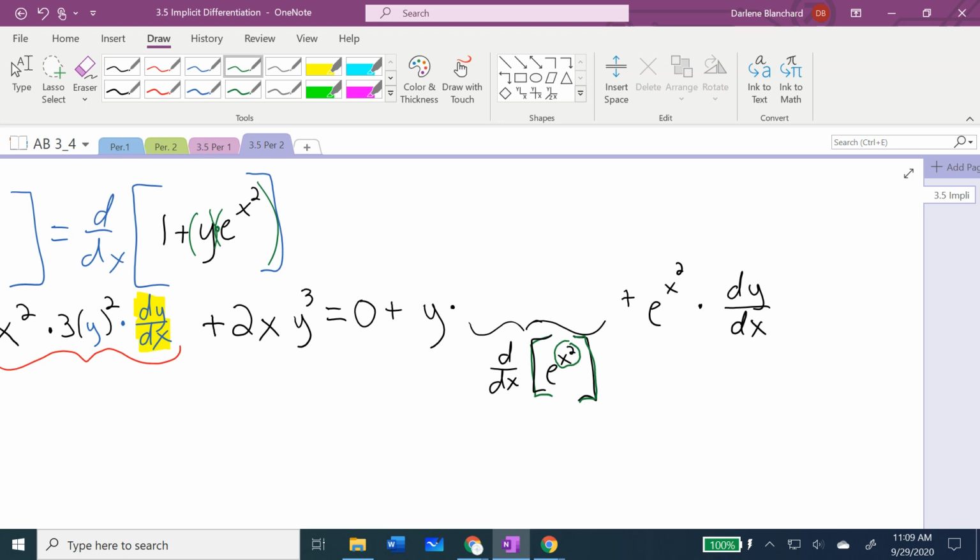So the derivative of e to the blah is e to the blah. And now I've got give mommy her baby, multiply by the derivative of that baby with respect to x. The derivative of x squared with respect to x is 2x. My product rule is done.